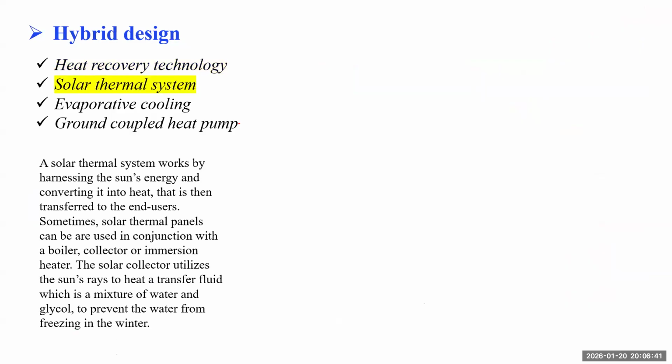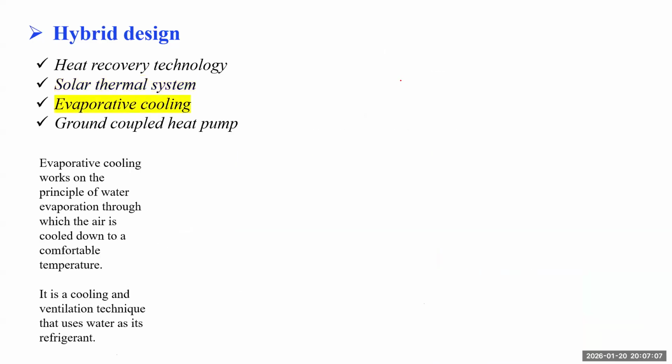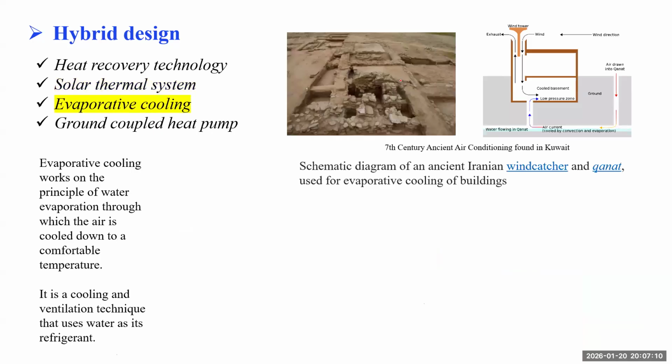And the solar thermal system is easy to understand. It converts solar energy into thermal energy for swimming pools, industrial processes, agriculture, and our showers, etc. Solar thermal energy, and also evaporative cooling. Evaporative cooling works on the principle of water evaporation, through which the air is cooled down to a comfortable temperature.